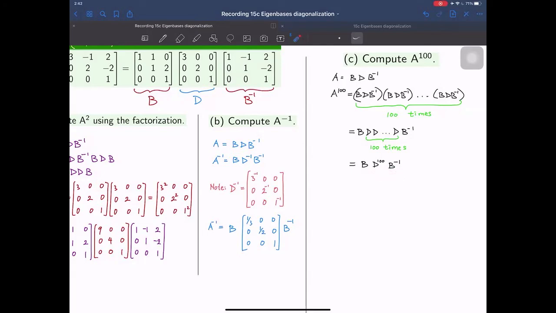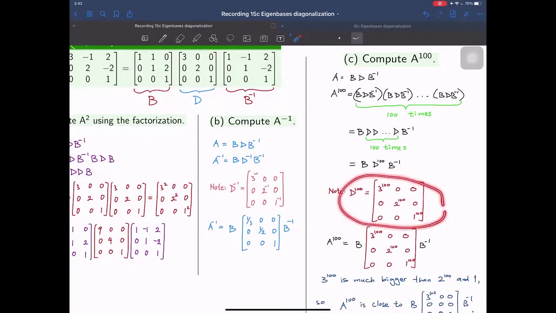We already know how to get B and B inverse from here. And we just need to compute D to the 100, but that's easy. That's just, again, a diagonal matrix where the entry is that original entry to the power of 100. So this is my D to the 100. So my A to the 100 is just this product.